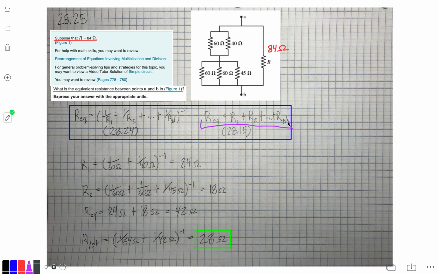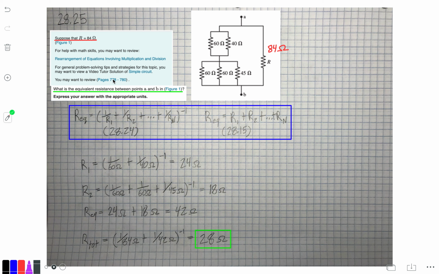In-series is a little bit easier to add up just because you're adding each value to each other, and for parallel you just have to do a little bit more math. So let's look at this diagram a little bit.